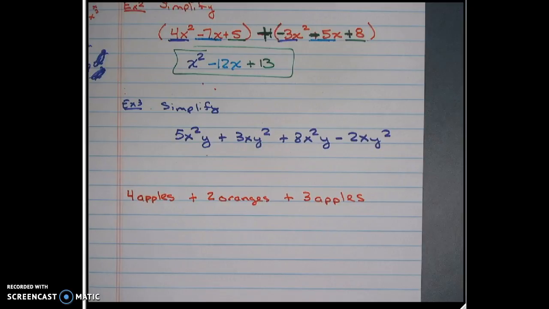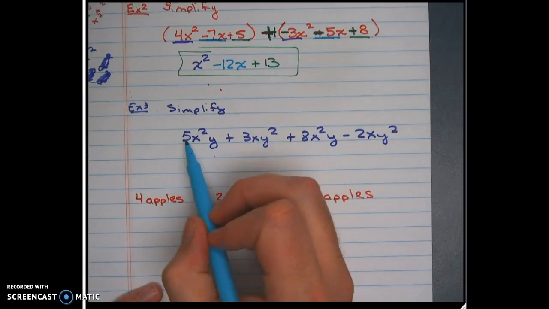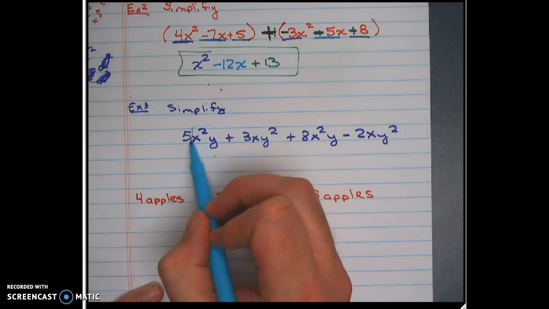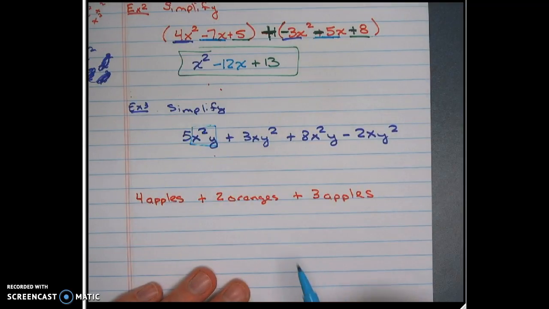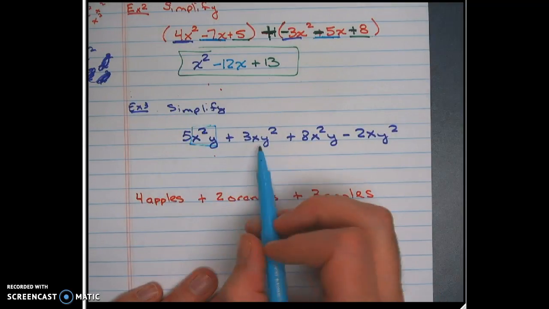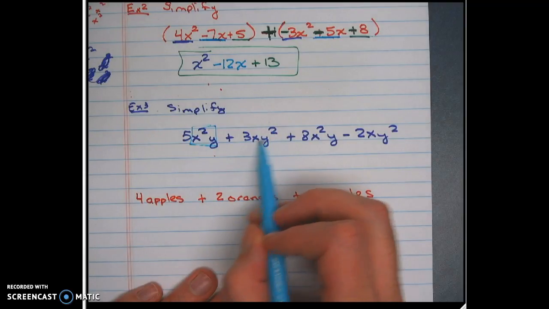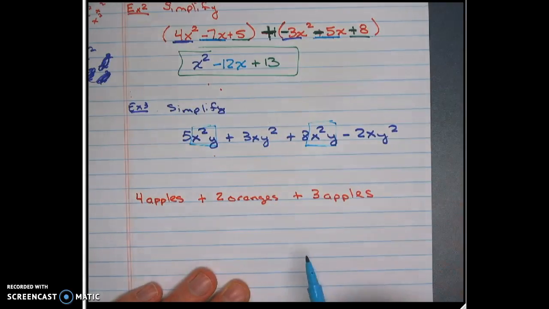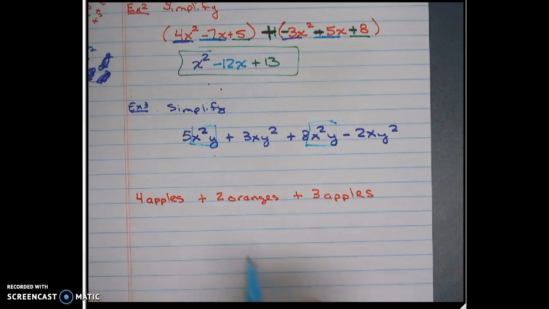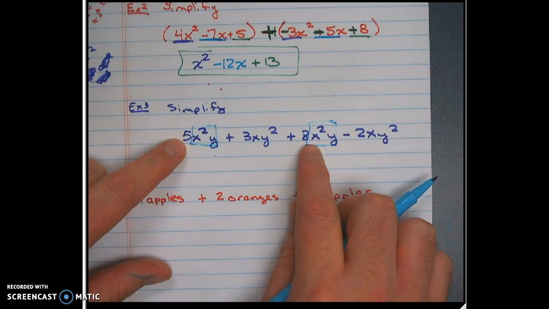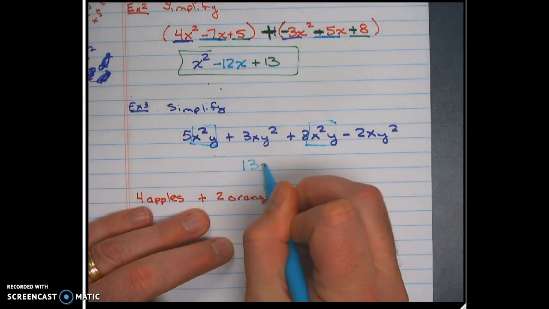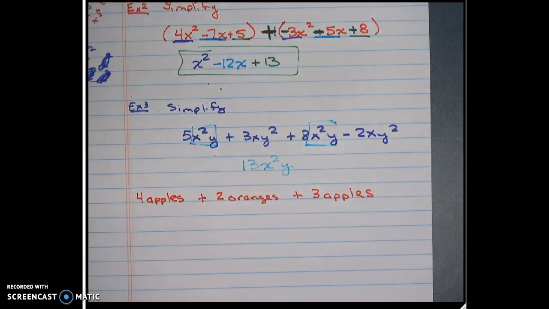And so the like terms on this one, well, what do we have 5 of in this case? We have 5x squared y's. Where else do we have x squared y's? Well, this is not an x squared y. This is an xy squared. Here's an x squared y. So how many do we have total of these x squared y's? 5 plus 8 is a total of 13. 13 what? X squared y's.